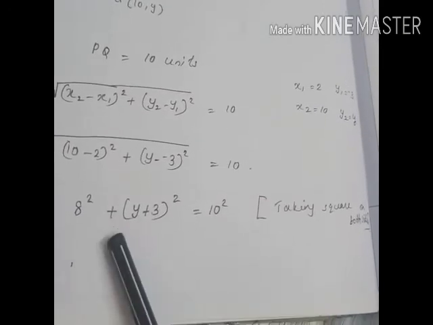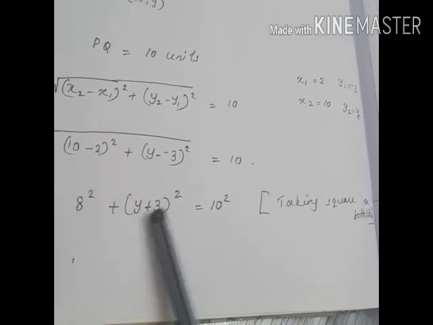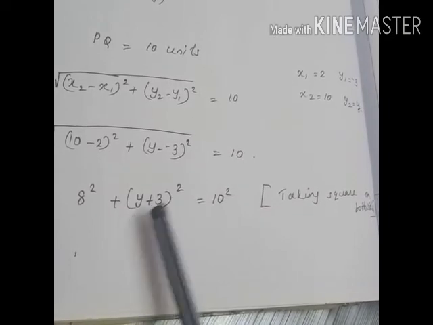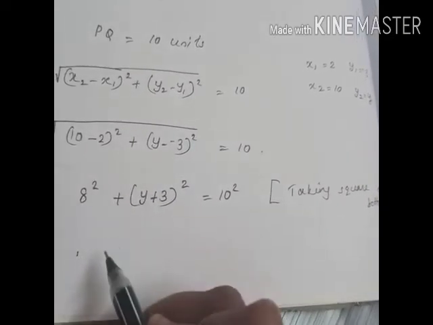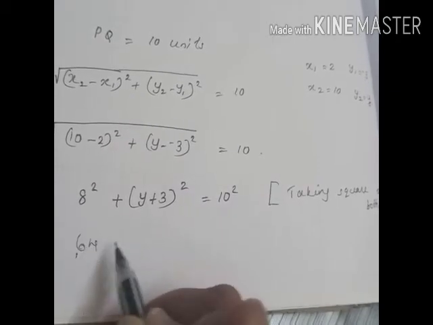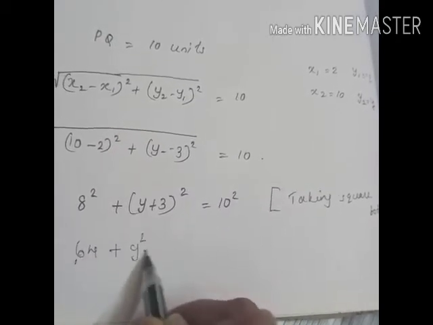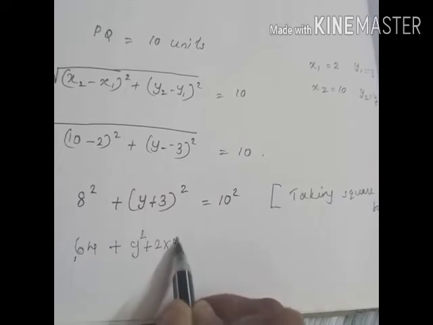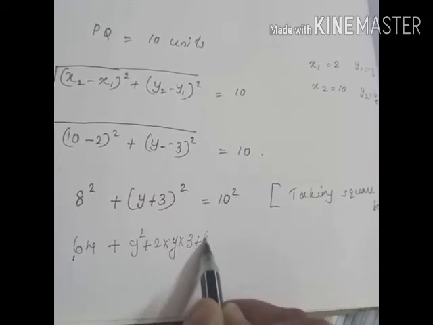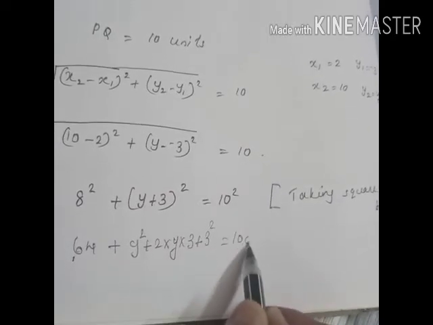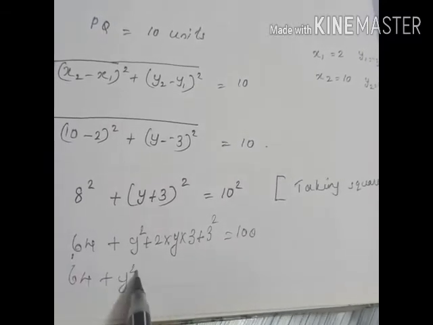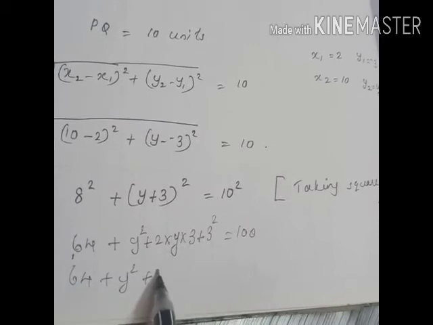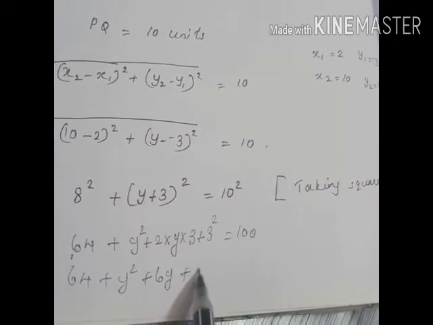Now we have to expand this bracket by using the identity (a plus b) whole square equals a square plus 2ab plus b square. So 64 plus y square plus 2 into 3 into y, that is 6y, plus 9 equals 100.